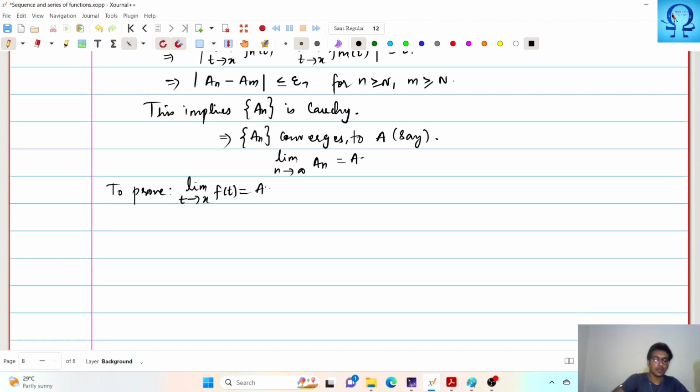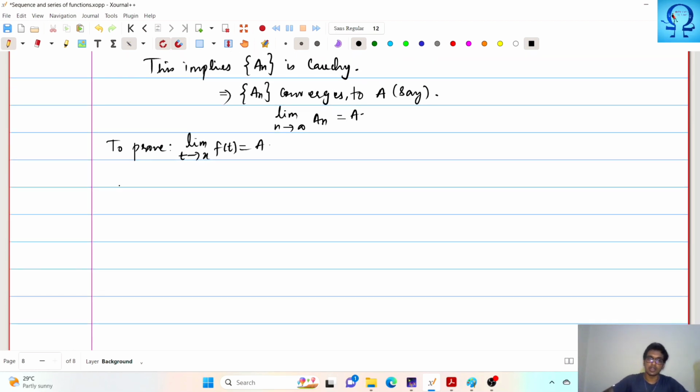This is what we need to prove. For that purpose, what should we do? We will have to prove the absolute value of f(t) minus a is less than or equal to epsilon whenever the absolute value of t minus x is less than delta. So this is what we should do now.